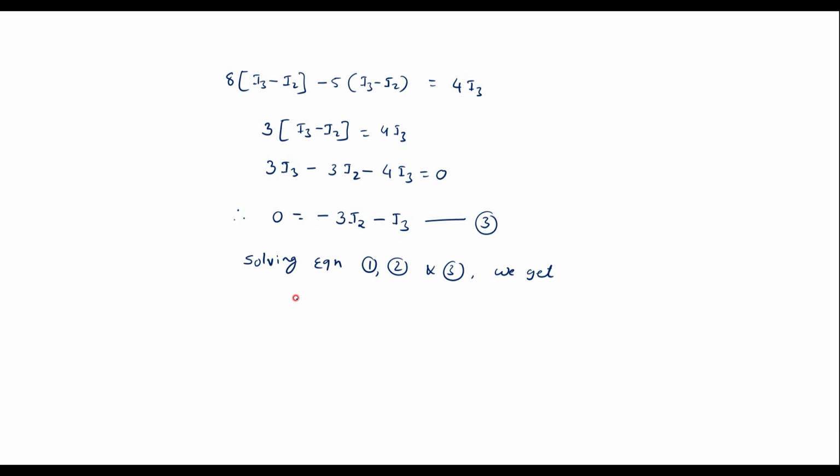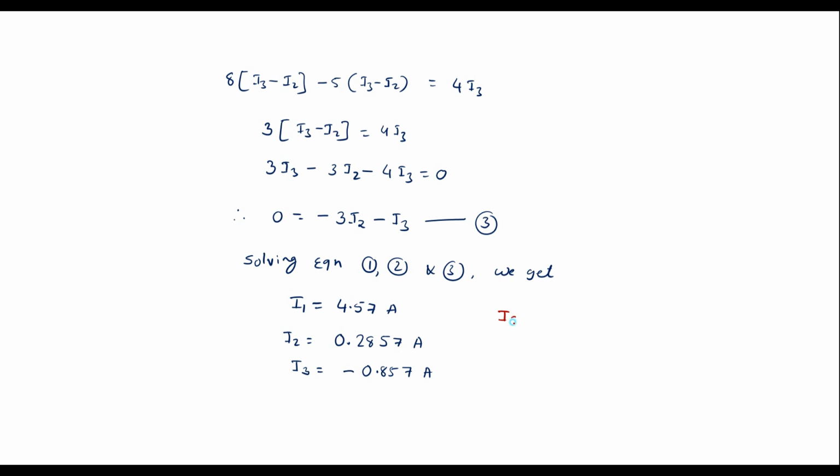So we get I1 is equal to 4.57 amps, I2 is equal to 0.2857 amps, and I3 will be equal to minus 0.857 amps.